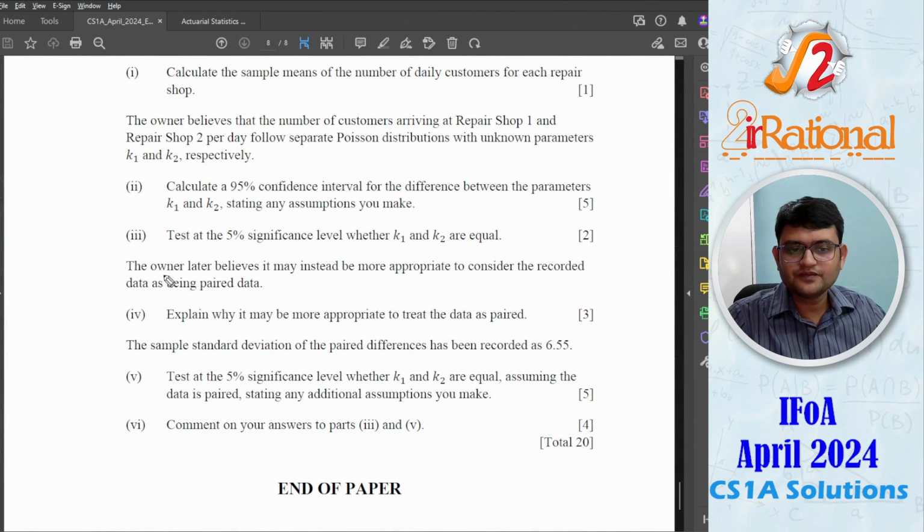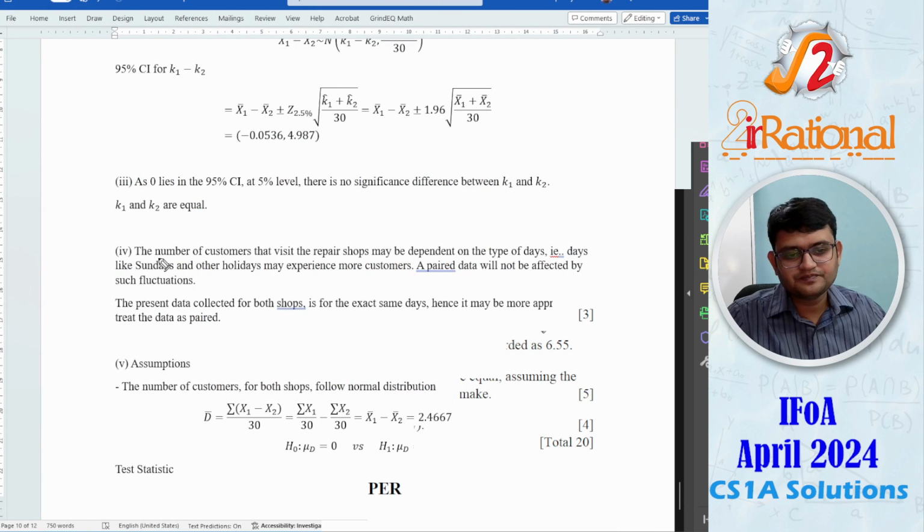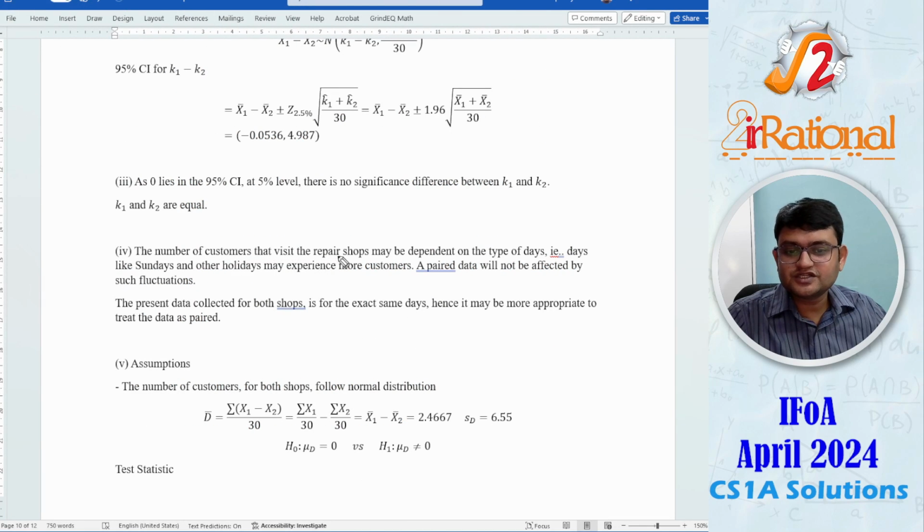For the fourth part, the owner later believes it may instead be more appropriate to consider the recorded data as being paired. Explain why it may be more appropriate to treat the data as paired. The number of customers that visit the repair shop may be dependent on the type of days, that is, days like Sundays and other holidays may experience more customers.